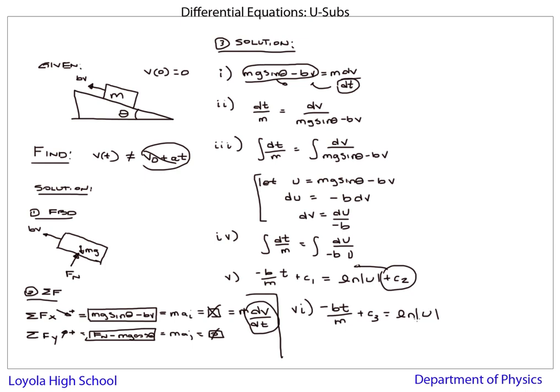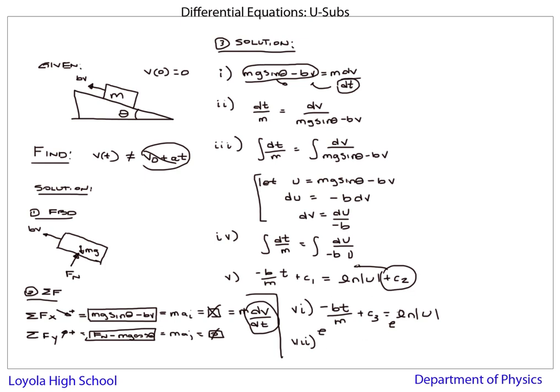Now we want to solve for the velocity. So remember that this u is really this business. Okay. Let me clean it up a little bit. I'm going to take e to both sides, e to this and e to all of this business here.